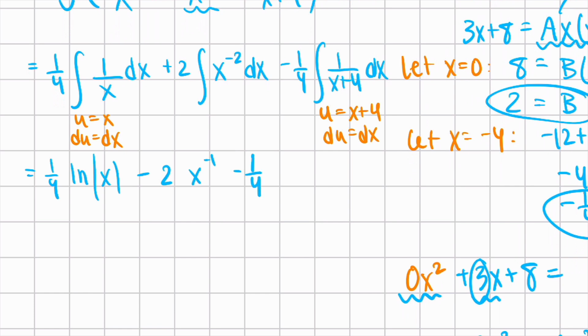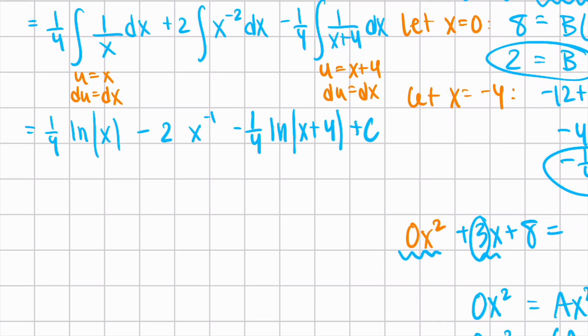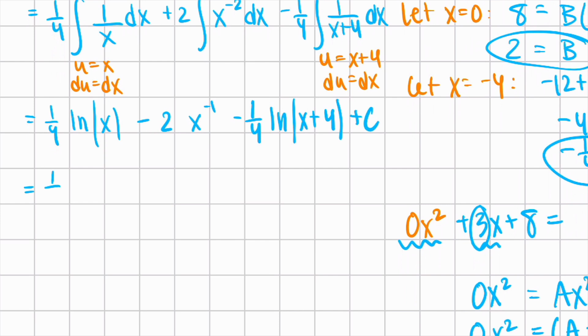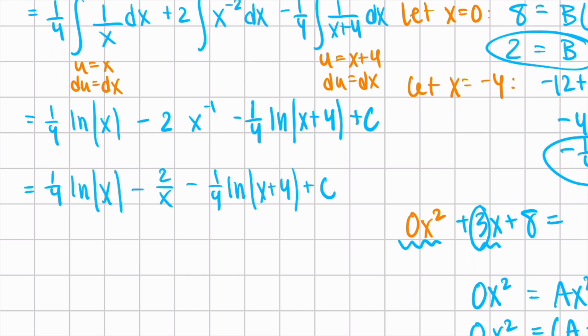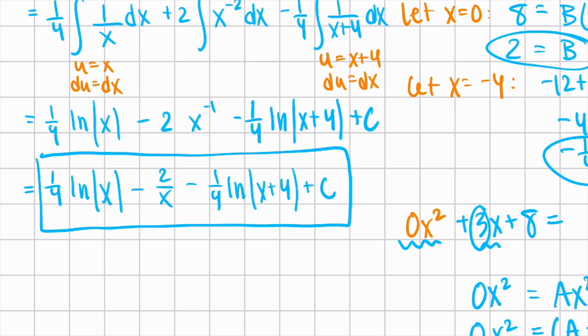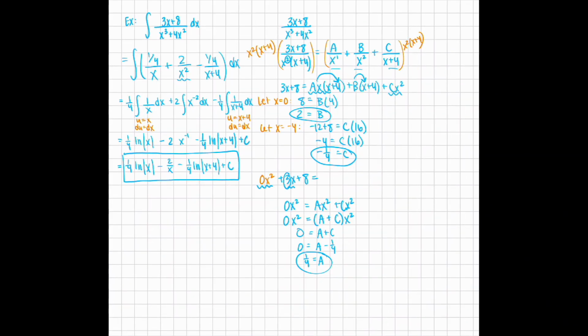And then we have minus 1/4 natural log of x plus 4 plus c. I'm going to rewrite it one more time because we don't want a negative exponent in our answer. And that is our answer. So these were a few more integration by partial fractions examples.